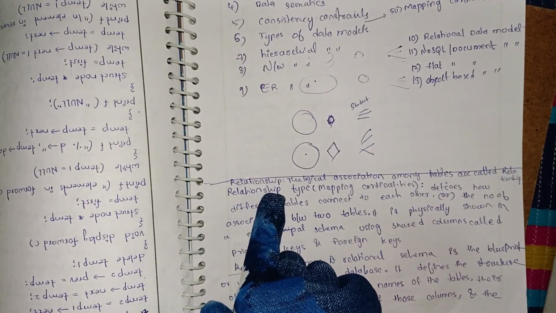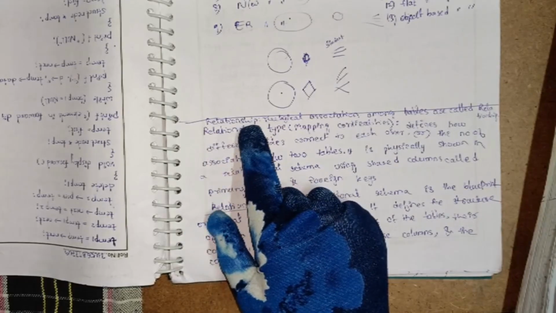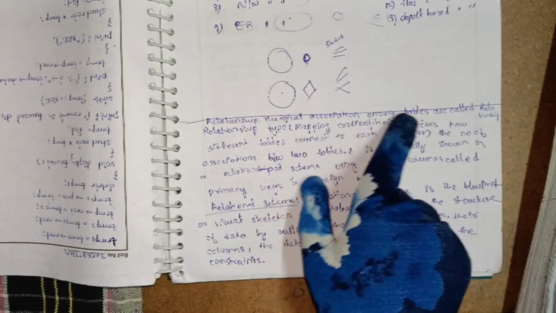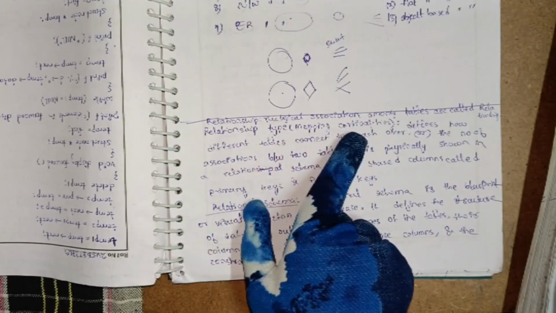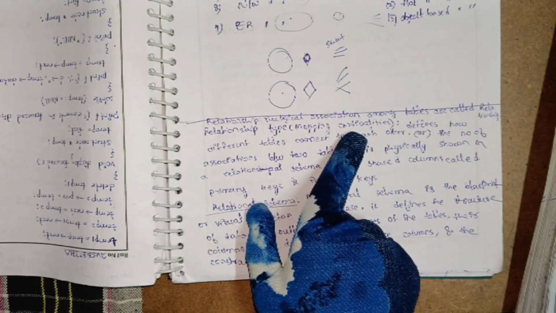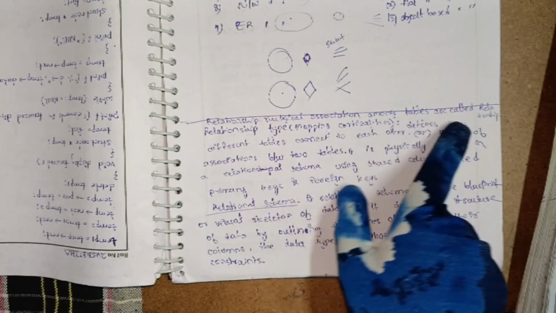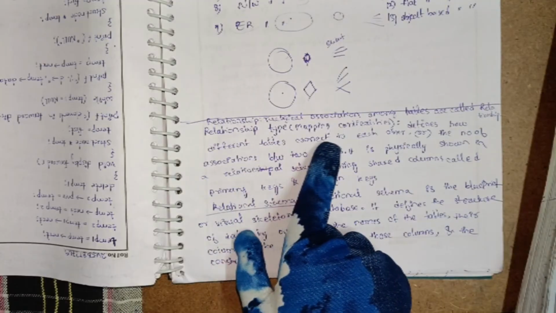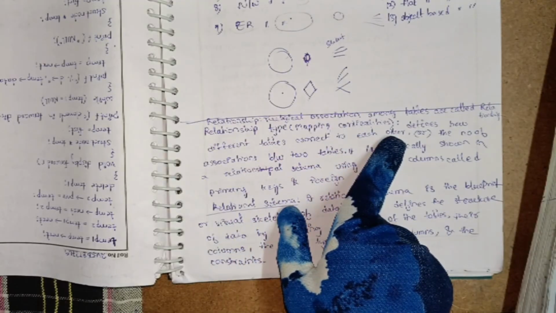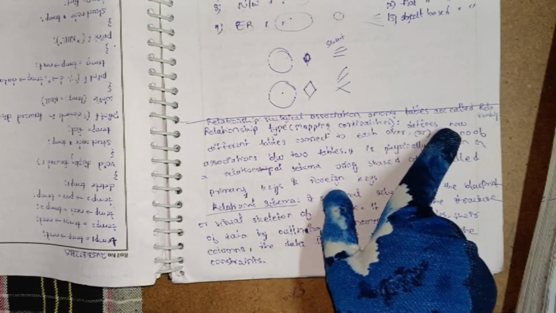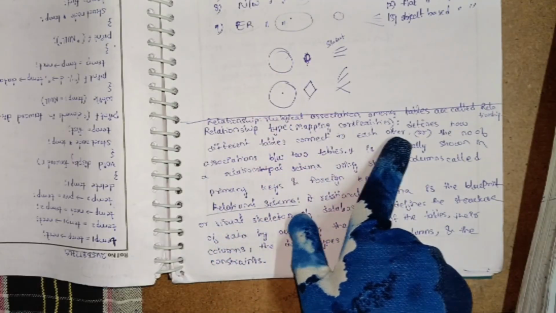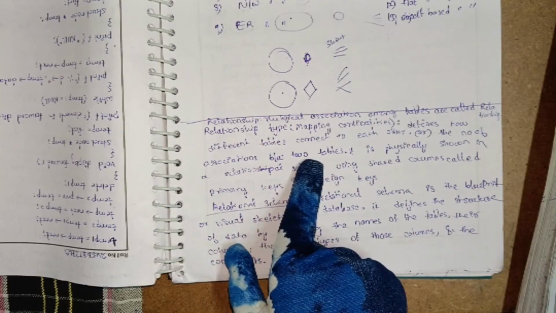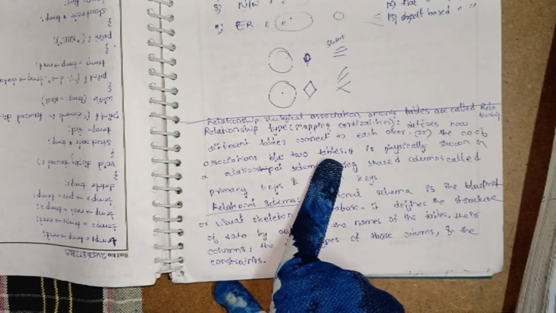Relationship types: the logical associations among tables are called relationships, also called mapping cardinalities. They define how different tables connect to each other, or the number of associations between two tables.